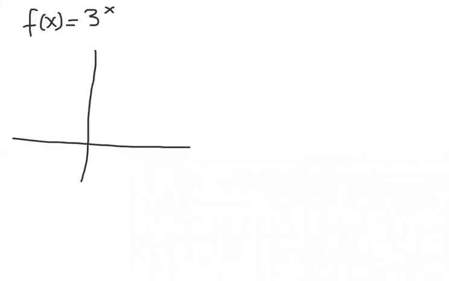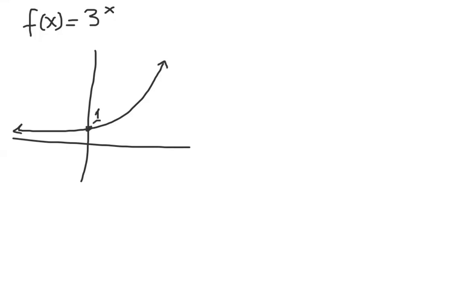So after we find that we know how to graph the function f of x equal 3 to the x, the graph looks like this. It passes through 1.